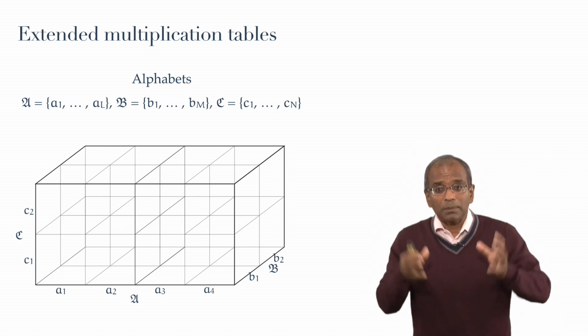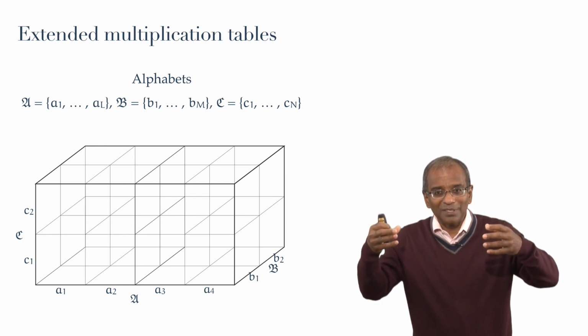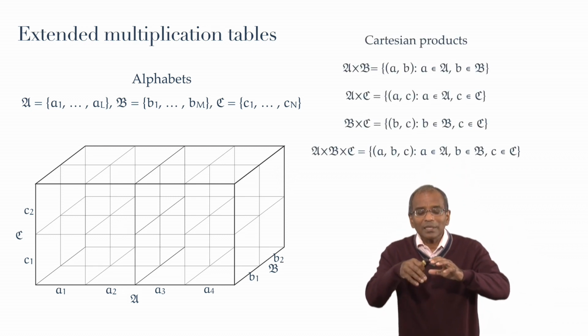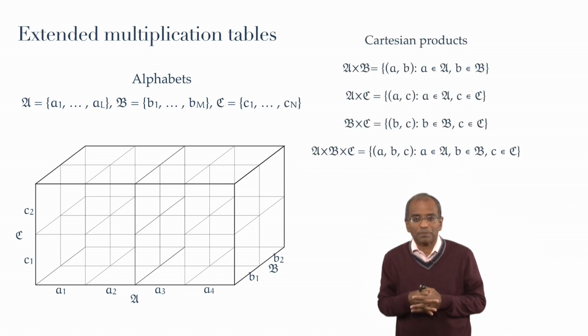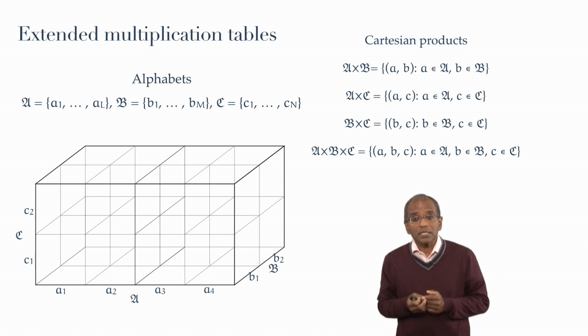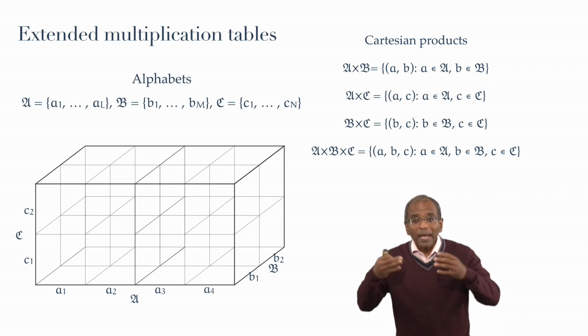The moment you arrange them in this fashion, you observe that we have various lattice points, cubicles, grid elements that pop up. And we can think of arranging them in various fashions. So, for example, if we look at slices, for example, the XY slice, or the XZ slice, or the YZ slice, you get pairs of possibilities.